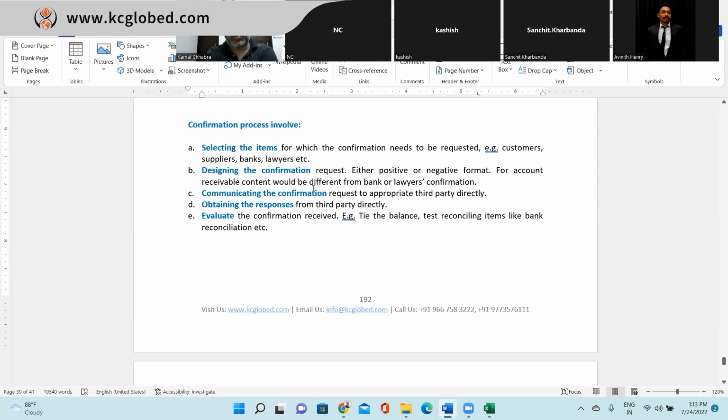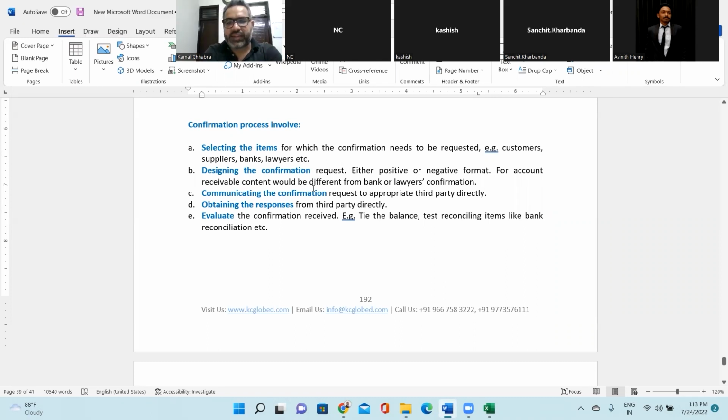Third is sending those requests to the third party for confirmation. Fourth is obtaining the response. And lastly, evaluating the response: are those responses reconciling with your financial statements or not? If not reconciling, then investigate the difference. Make sense?